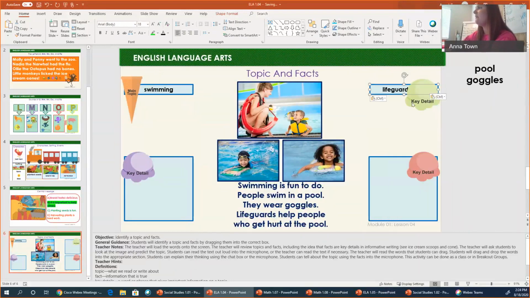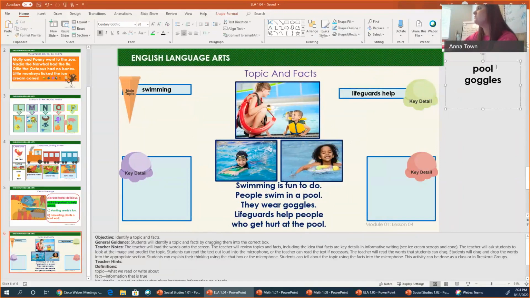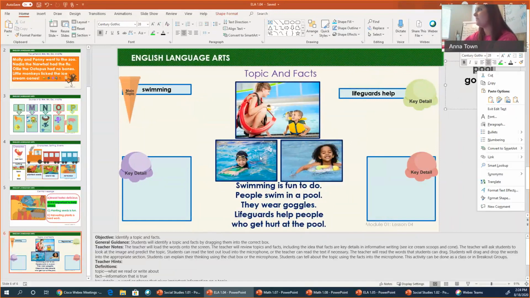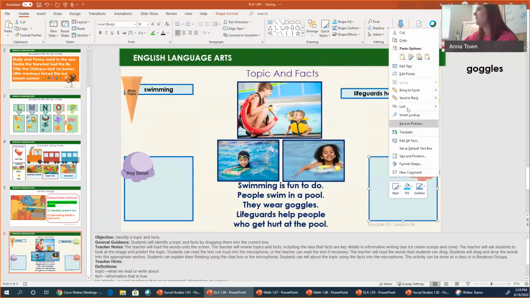So that would be a paragraph that we would talk about. What was something else they talked about? Oh, pool. You swim in a pool. All of these people are in a pool. Absolutely. Good job.